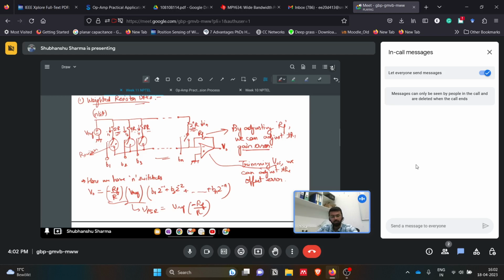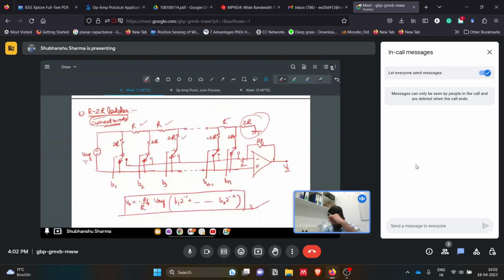Gain error can be nullified by adjusting the RF value, and the offset error can be nullified by trimming the offset voltage. The major drawback of this weighted resistor DAC is that we are using multiple values of resistances which have different tolerances, so we cannot get a precise output from weighted resistor DACs.